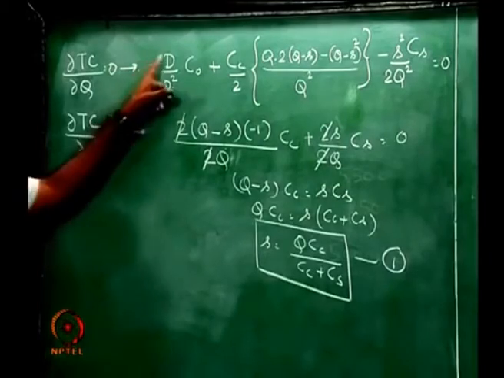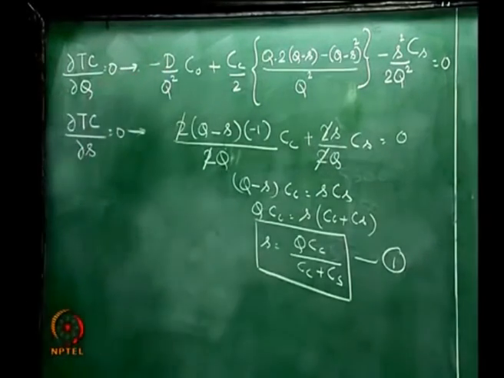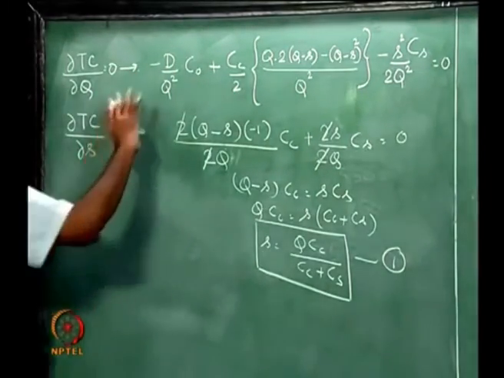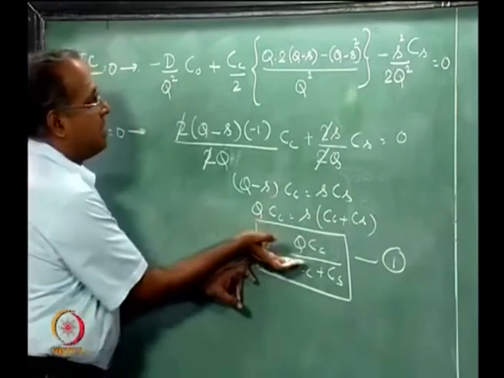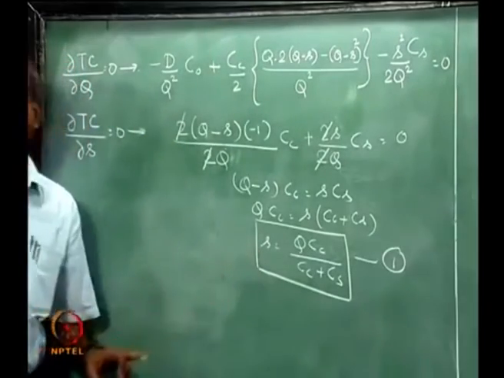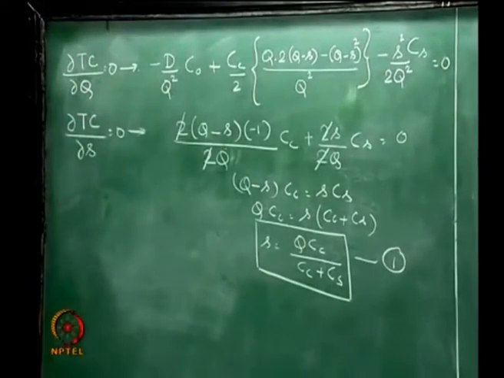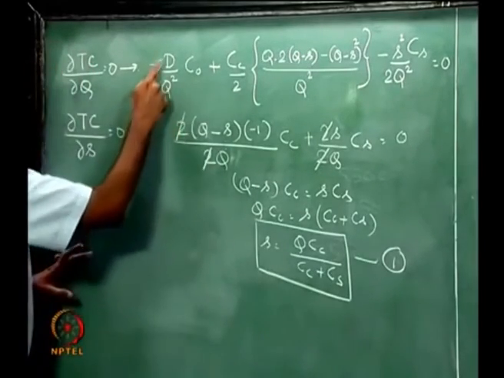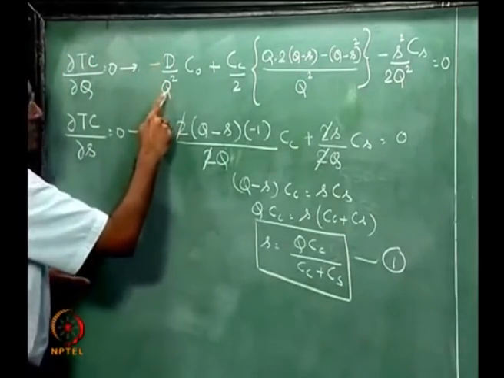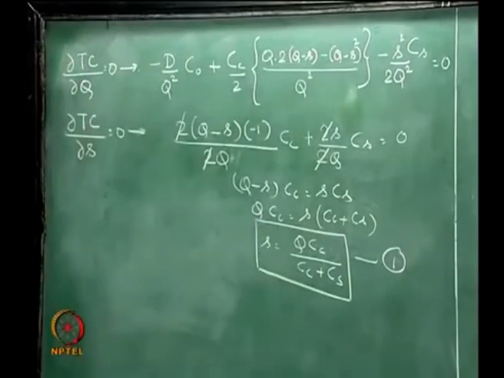Now, we go back to this one, and then we have to use S is equal to QCc by Cc plus Cs onto this one to try and get the value for Q. We will do that now. Now, I multiply this by 2, so that the 2q square gets cancelled.